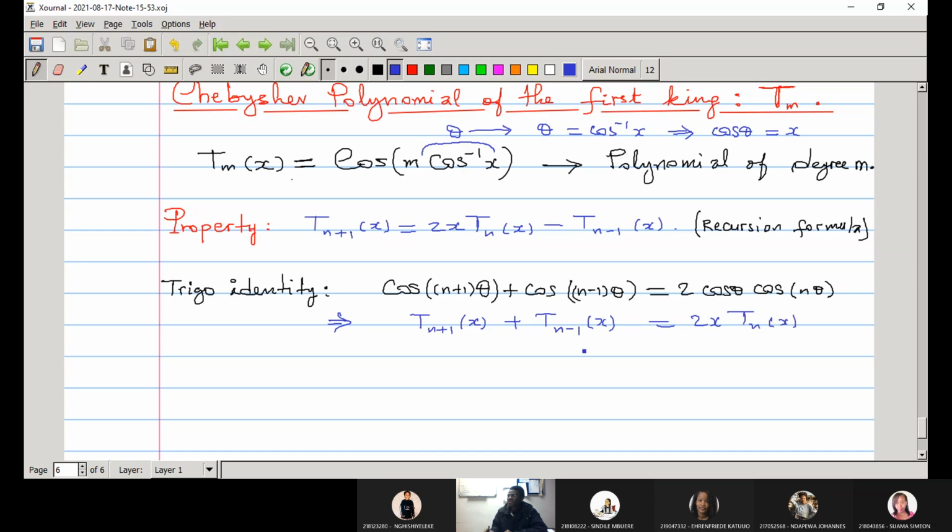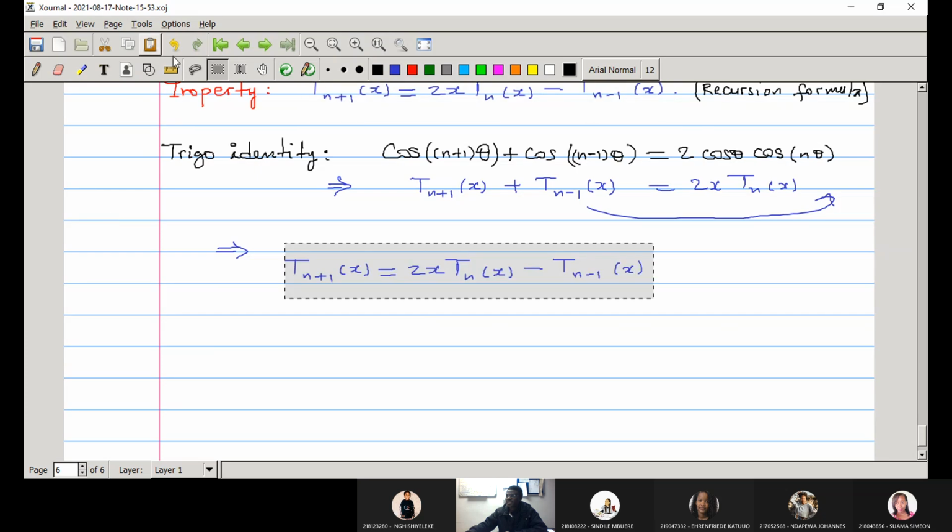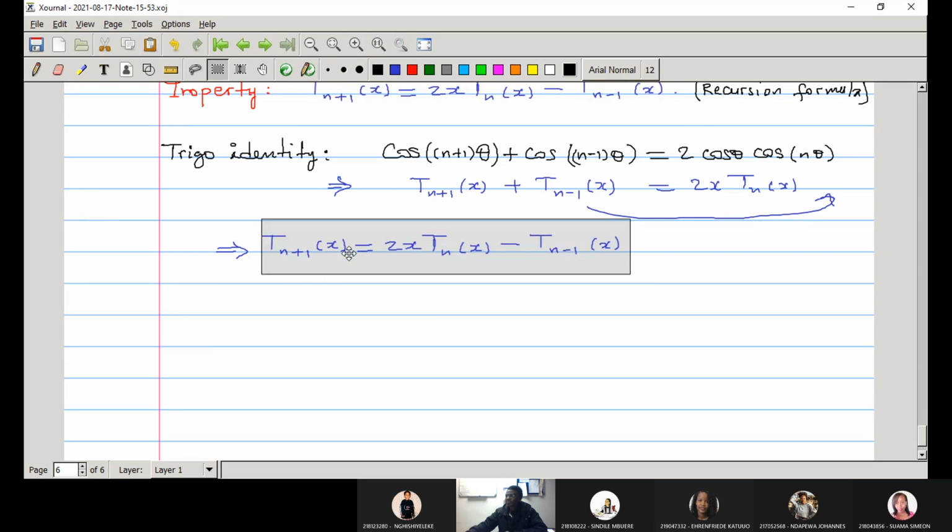Right, now I can take this to the left-hand side, and we obtain this. So that's the recursion formula.